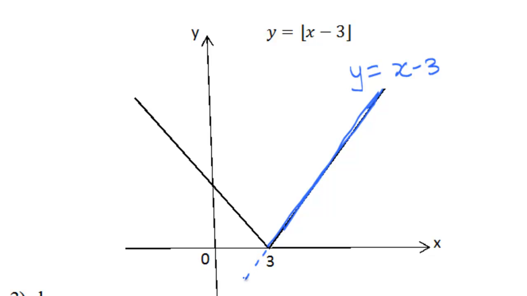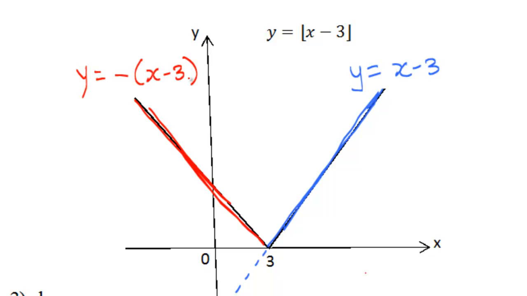The other arm, for x less than 3, if I were to highlight this portion in red here, we know that this red portion came from the reflection of the line y equals x minus 3. As you recall, when a graph is reflected in the x-axis, we put a negative sign in front of its function.